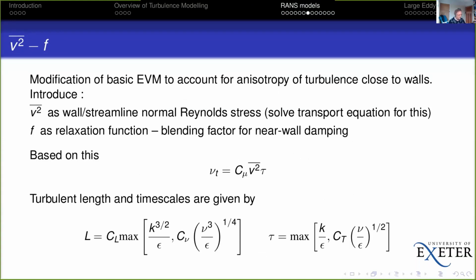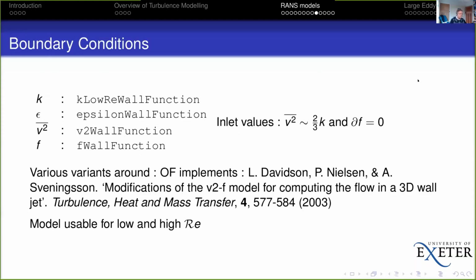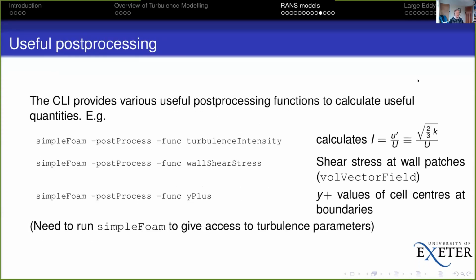Carrying on, I'll go back to the presentation here. I include some information about V2f as a turbulence model in case you haven't come across that beforehand, but I'm going to jump over that because I wanted to say a little bit about useful post-processing. Once again, there are various quantities which are useful to calculate, often as post-processing activities, and we can do this using the command line interface.